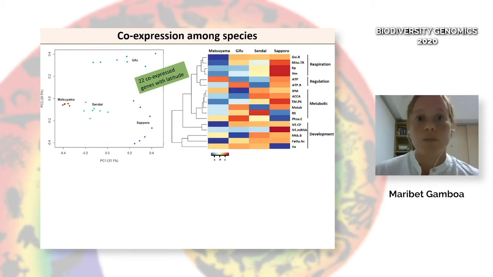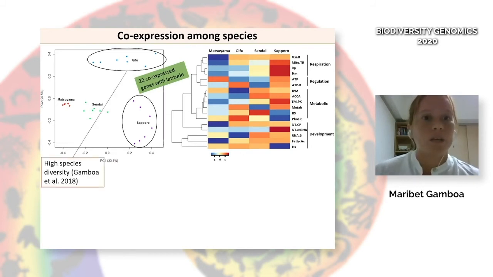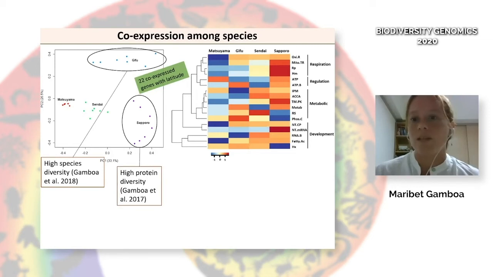And the groups were associated with the 4 geographical regions. If we observe these 2 regions, the differential expression patterns among the species were highly diverse, and could be the consequence of high species diversity or high protein diversity in these 2 regions.